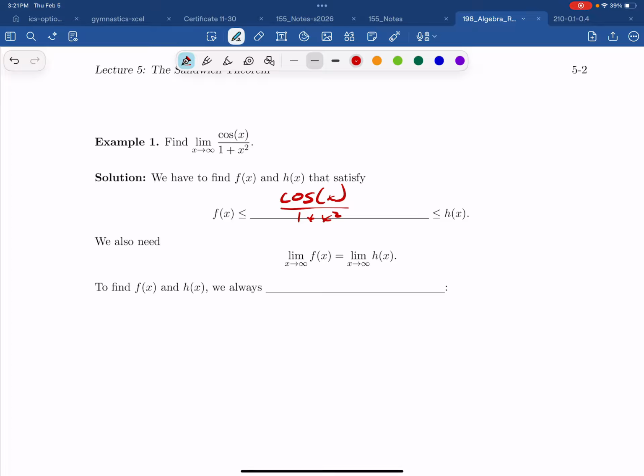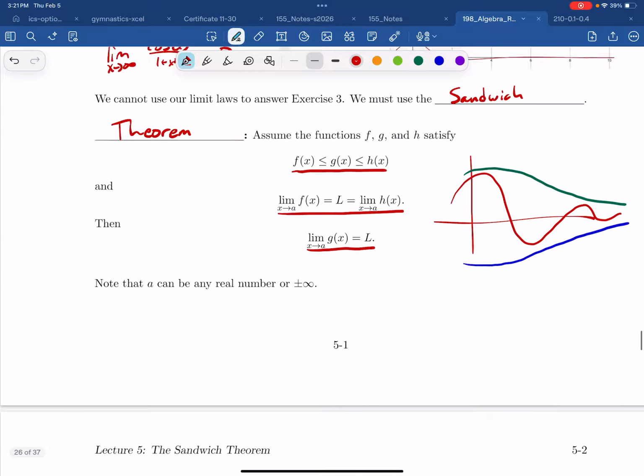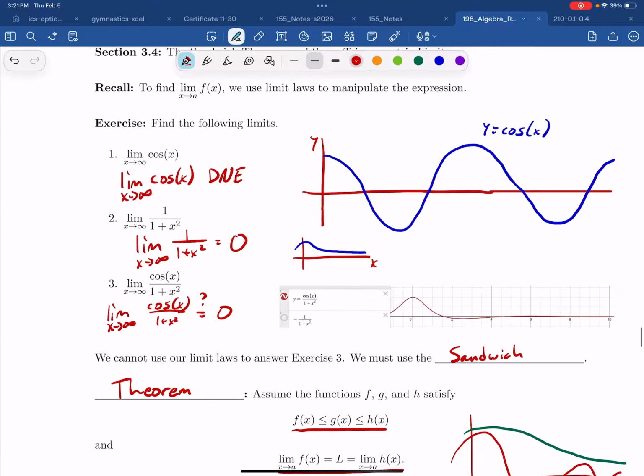What we do here is we're always going to start with the trig function. What I mean in that case is we know that, for example, cosine is bounded above by 1 and below by negative 1.